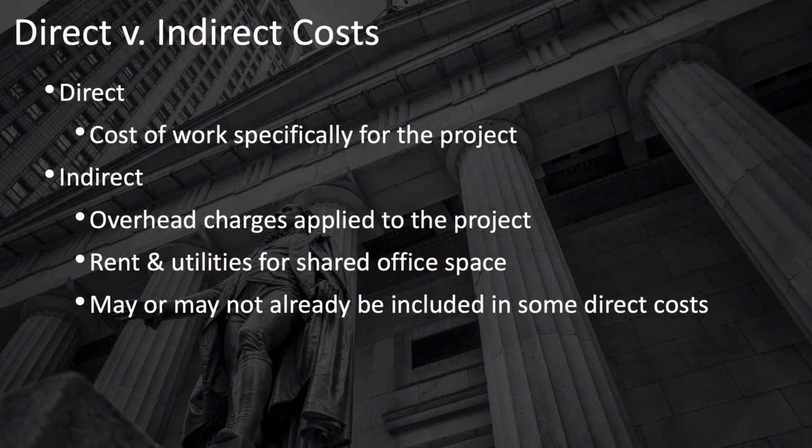Suppose that your software development team is working in a shared office space with hundreds of other employees. The cost of that office space, whether it's owned or whether it's leased, there'll be certain costs involved, such as the rent or lease cost and the cost of the electricity and the heating and any other utilities, maintenance of the building, safety, all of those sorts of costs that are for the building as a whole can be applied to your project as indirect costs.